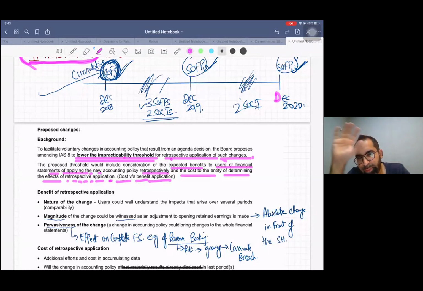That is going to be the accounting of the future, not current accounting. This is again under discussion, right? Now as a student you may ask, sir, what are the benefits of retrospective application?